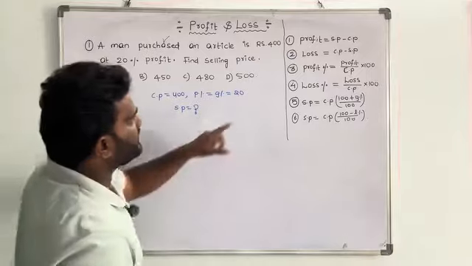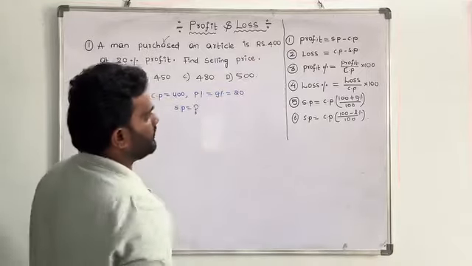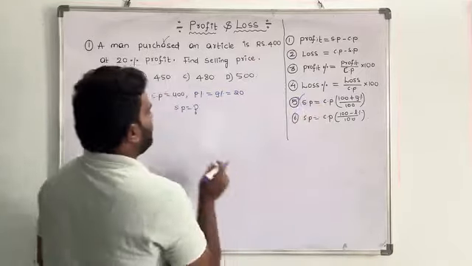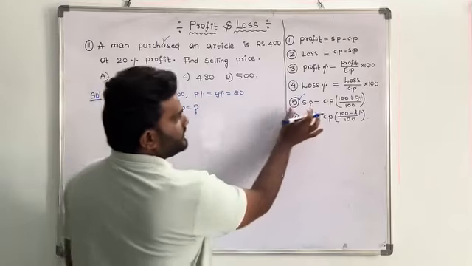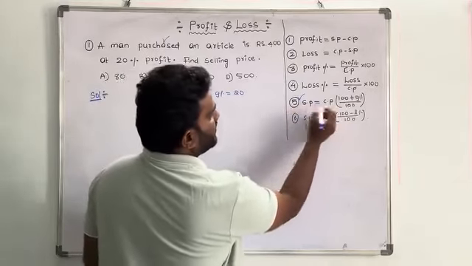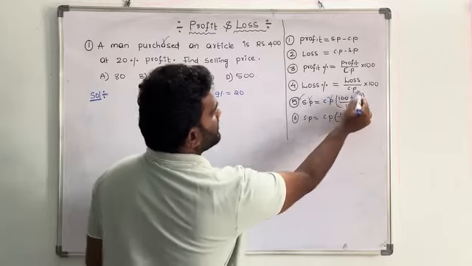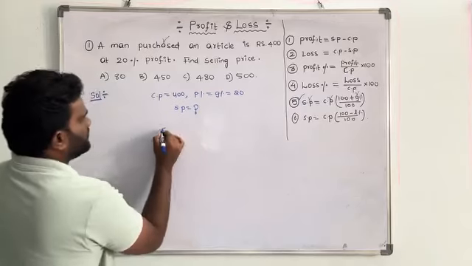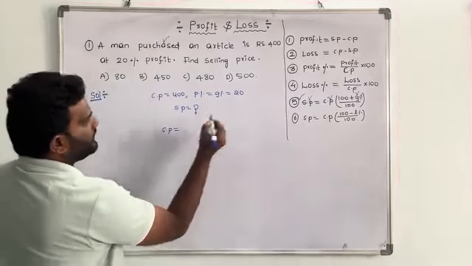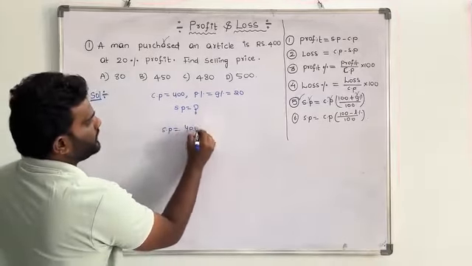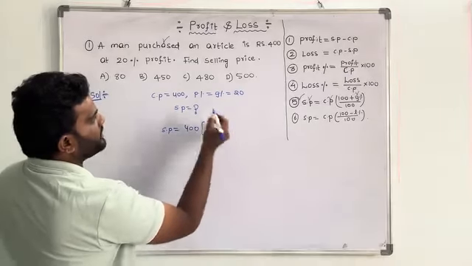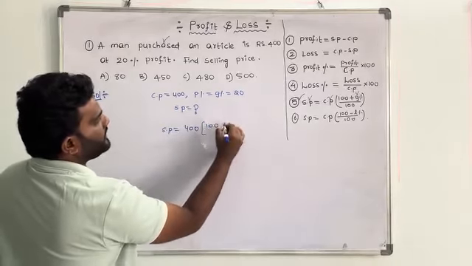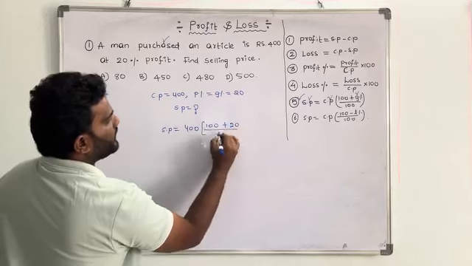Out of the 6 formulas, the 5th formula is sufficient to find the required data. Here we have selling price, cost price, and gain percentage, so let us use the 5th formula. Selling price is nothing but cost price 400 multiplied by 100 plus G percent, that is 100 plus 20, divided by 100.